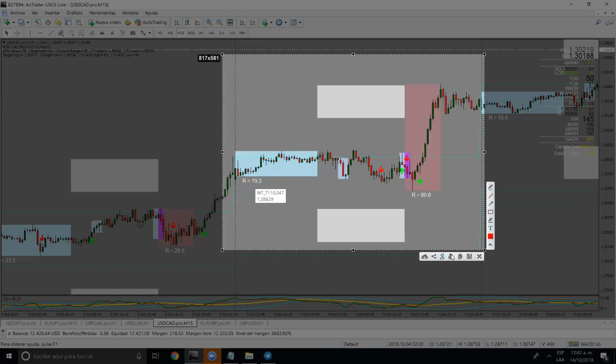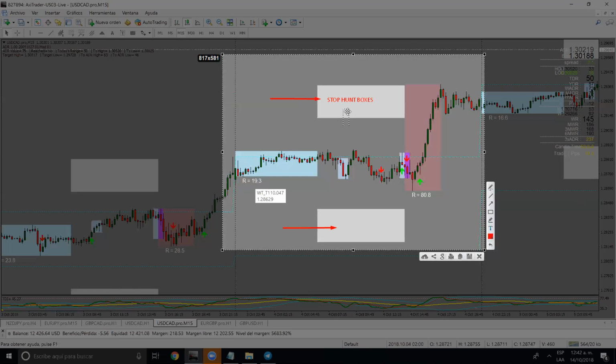After that we have other boxes like this one and this one. These boxes are created after the Asian session finishes. This process is called stop hunt boxes, and we are not going to trade these stop hunt boxes. If the price comes here, no trade. We need more criteria. If the price touches this place, no trade.